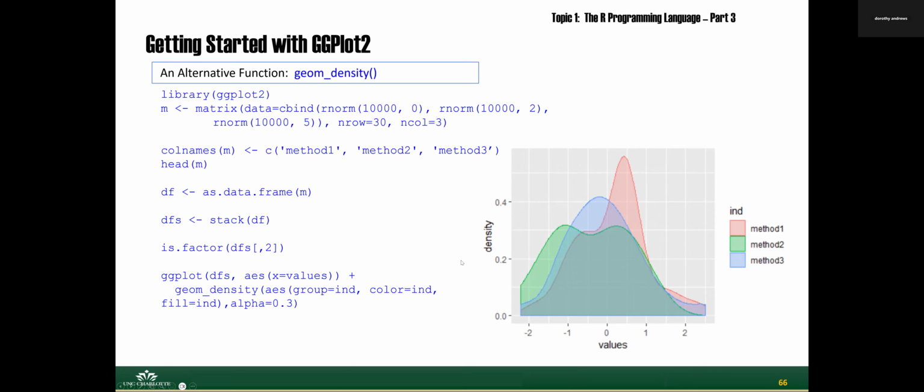Here you can see the code that builds this graph. We have 3 sets of data where we create random numbers from a normal distribution with different means. Here's the first one with 10,000 random observations from a random normal with a mean of 0, then 10,000 with a mean of 2, and 10,000 with a mean of 5. In all cases, this assumes that the standard deviation is 1.